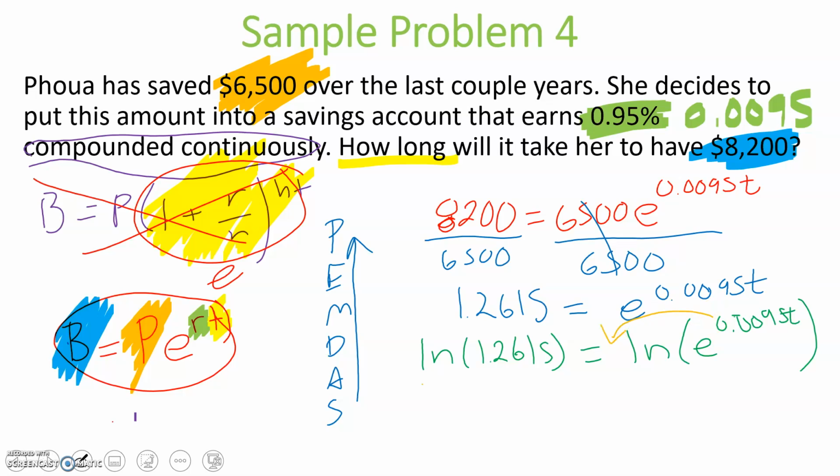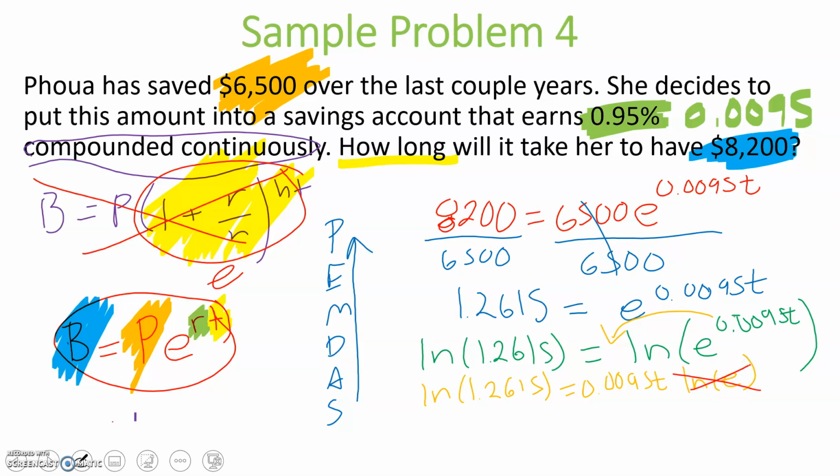So the power is going to jump out front. We have the natural log of 1.2615 is equal to 0.0095 t, and then we have our ln e. And mathematically speaking, the natural log of e is 1. So this part over here is simply going to cancel.